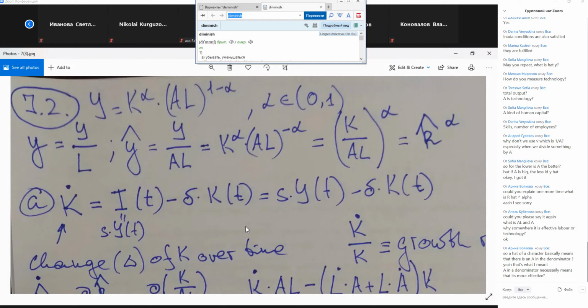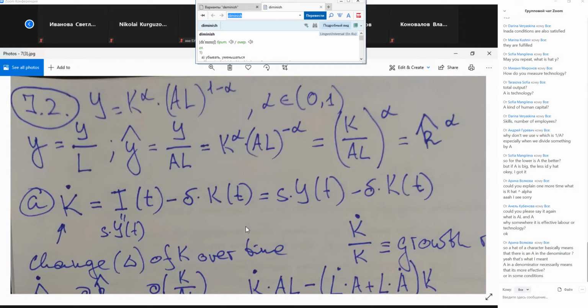Your capital per unit of effective labor, so accounting for your knowledge, is actually quite low, because the plow is a cool instrument, but you need something more sophisticated to fully reveal your potential. So you might need a computer with internet, which is, well, one computer is cheap, but with access to the internet, it's quite an expensive thing.